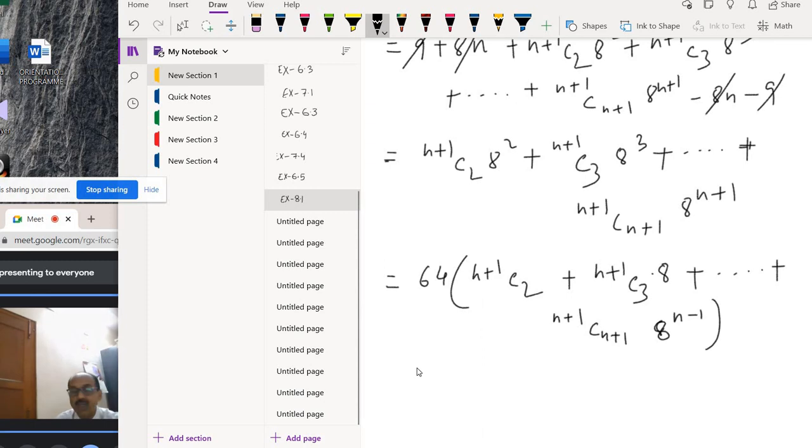You can write it as 64k, where k can be any positive integer, but again we would have to write k equal to this, so no need to write. 64 into something, so it is divisible by 64. This is proved, this is the question.